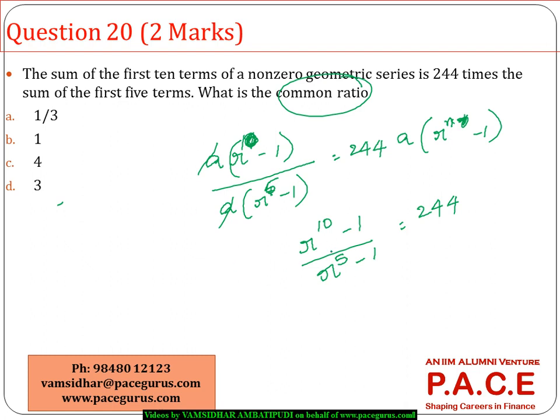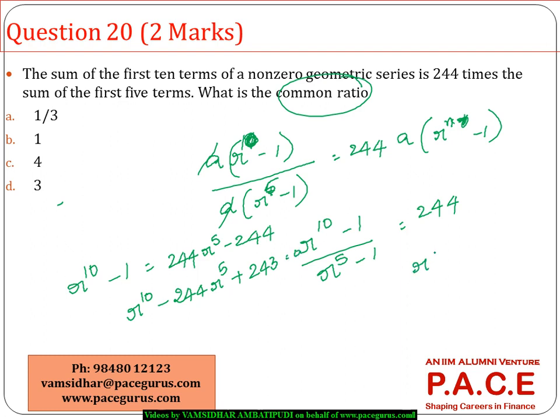Or sometimes what I could do is I can simply do it as an expression. R power 10 minus 1 is equal to 244 r power 5 minus 244. So a basic equation is telling r power 10 minus 244 r power 5 plus 243 equal to 0.